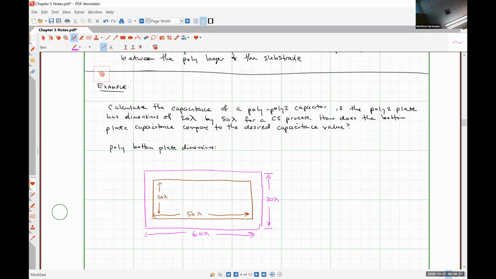If I extended by 5 on both sides, 20 plus 10 is 30, 50 plus 10 is 60. So I feel like I have satisfied it.